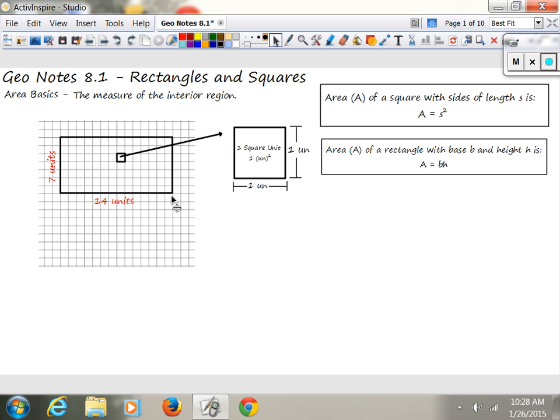And so 14 times 7 would be 98 square units. So you could actually count inside all of those little squares, and you would end up with 98 of those little squares. Just by coincidence, the floor that you see down here, those are all square feet. Each one of those little squares is a foot by a foot. So the area of this room, we could actually count all the tiles and get the area of the room.